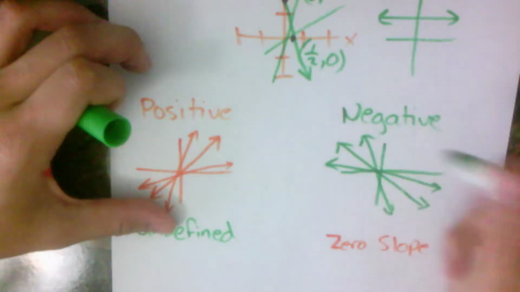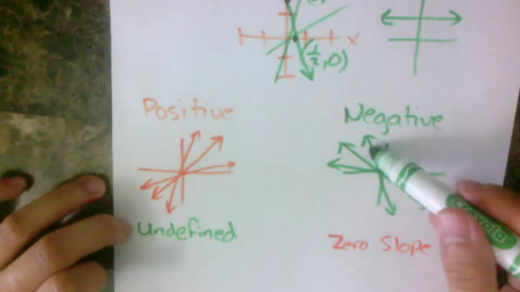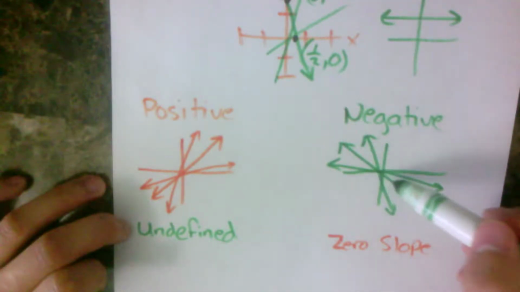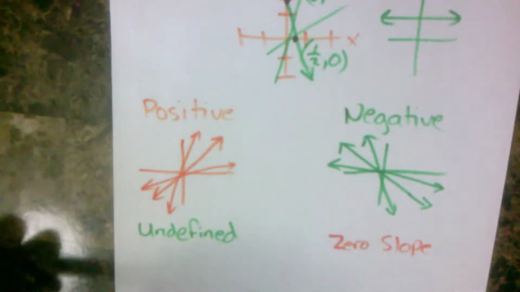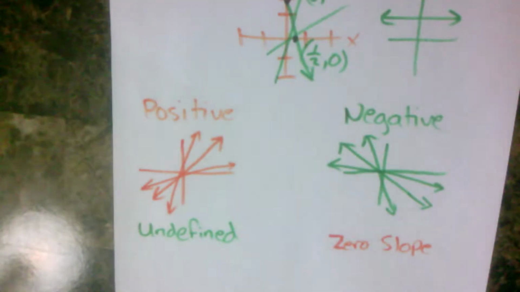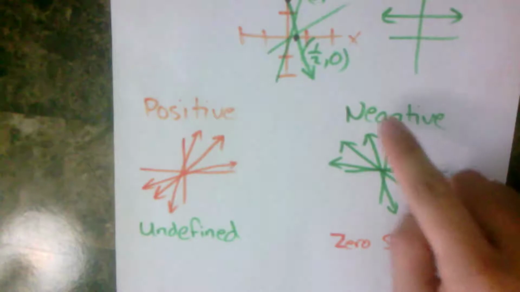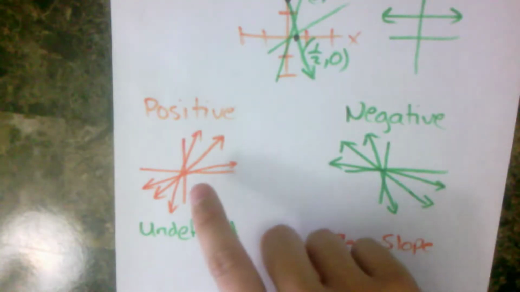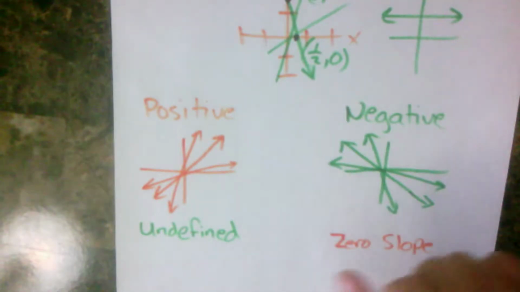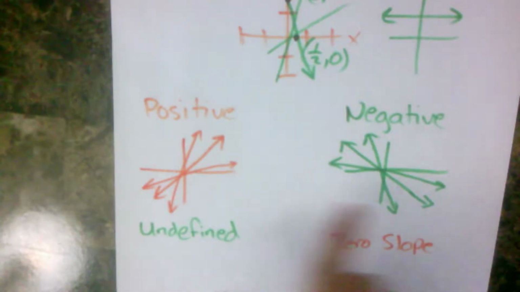But no matter what, from left to right, your marker or your pen goes downwards. All right? So negative slopes are like down-sloping hills when you have to walk down a hill. And positive slopes are where you have to walk up a hill. Remember, always from left to right.